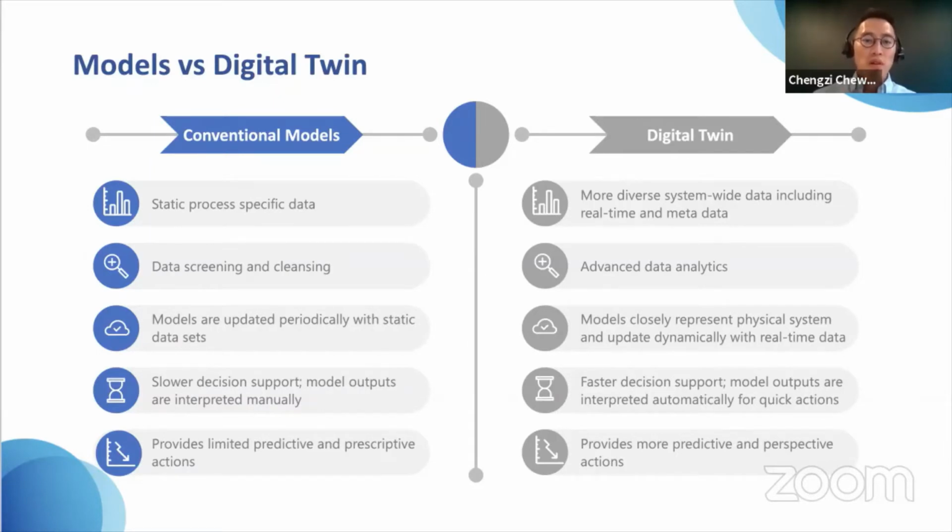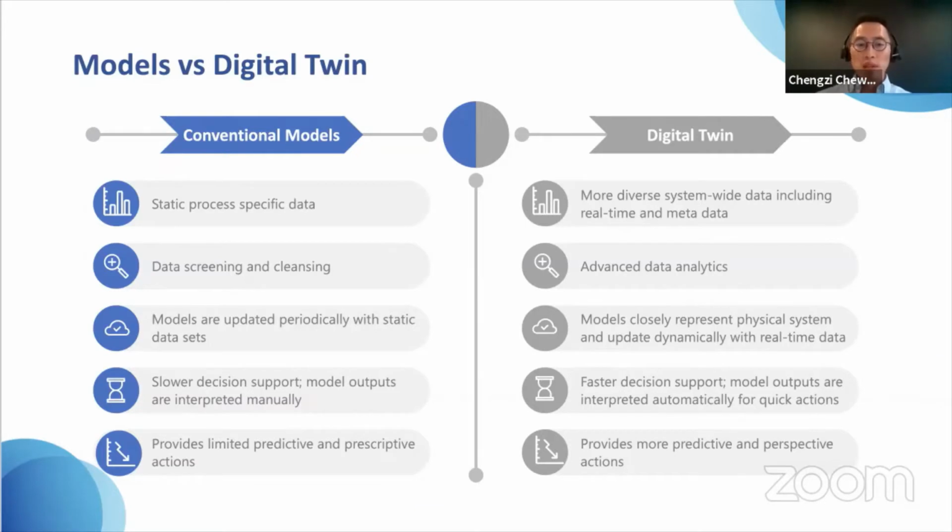Conventional models are a really essential part of a digital twin, but a digital twin is more dynamic, it's more connected, and it provides more decision support mechanisms for you. It uses both static and dynamic data, and it's connected to different data streams as well as other systems, so that it can create insights and information that can be used quickly for decision making.